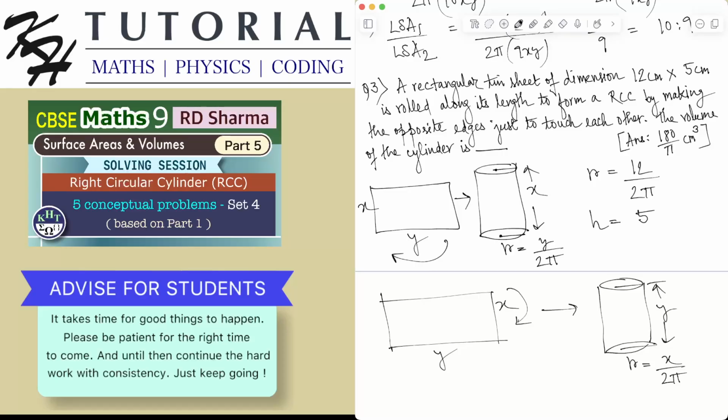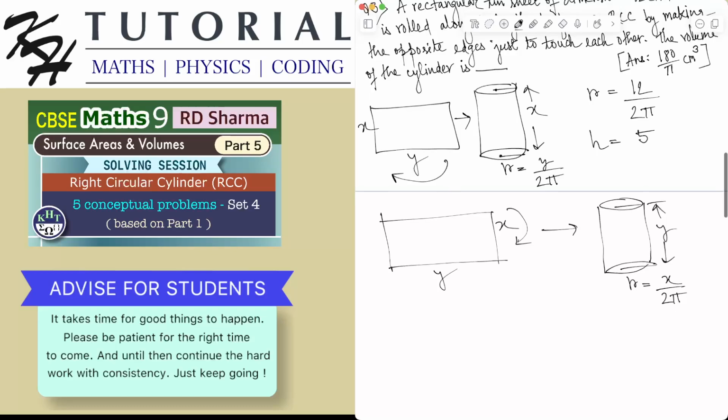So we know r and h of the RCC, and we can easily find the volume. Volume is pi r square h, which is pi, where r is 12 by 2 pi, basically 6 by pi, squared, and h is 5.